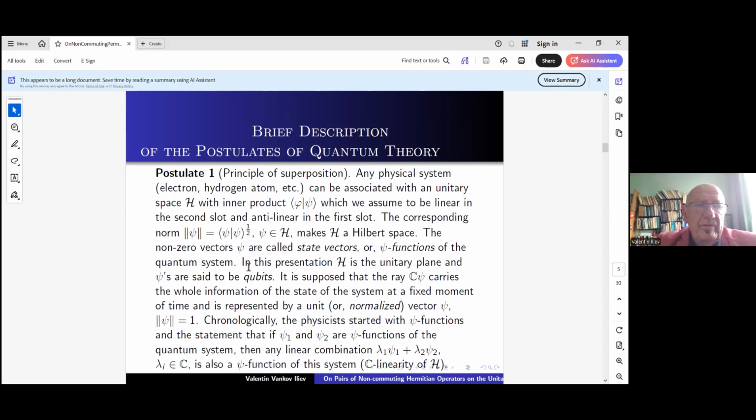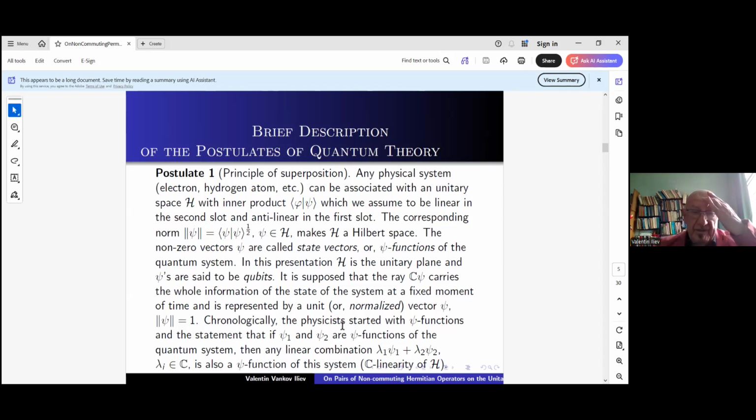The corresponding norm makes it a Hilbert space. The non-zero vectors in this space are called psi functions, and the normed psi functions, meaning the norm is one, are also called wave functions.